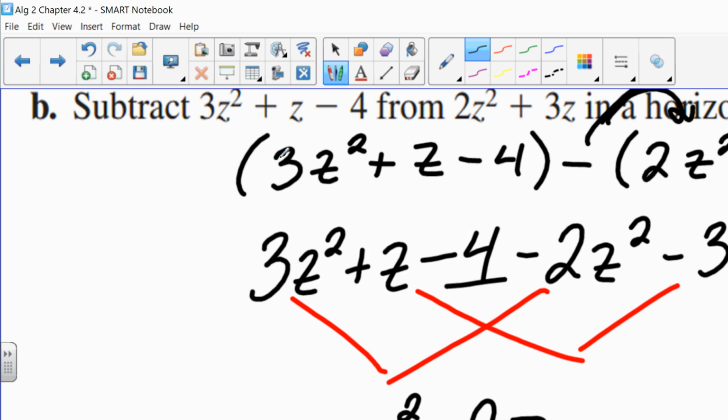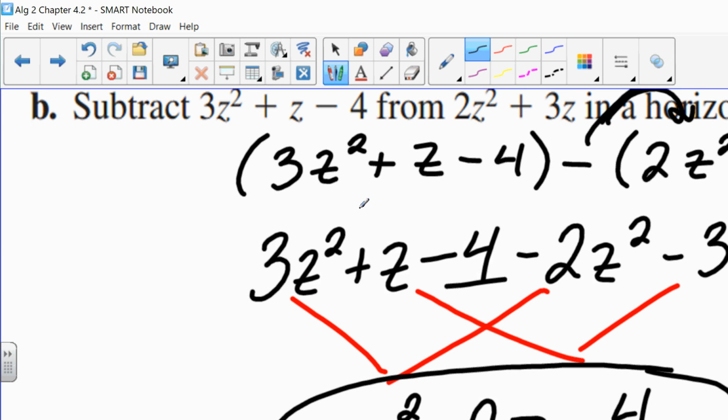Do we have any like terms with negative 4? No, so it's just minus 4. Any questions on this here? For addition, well, I'm going to pause. Any questions on this here?